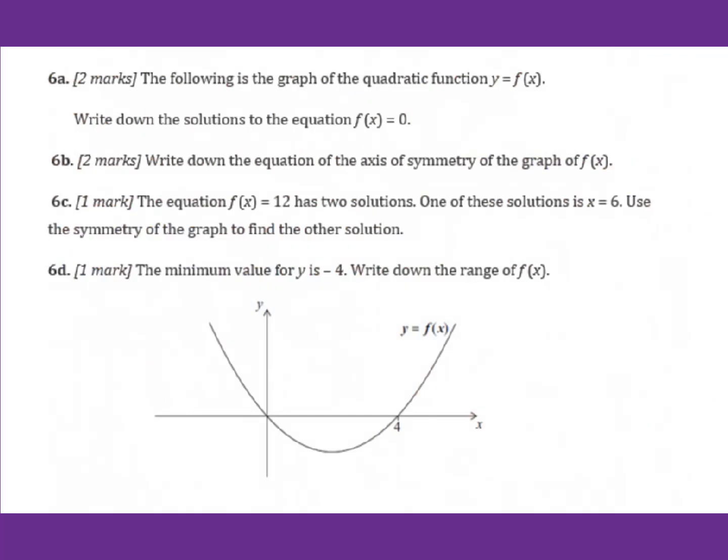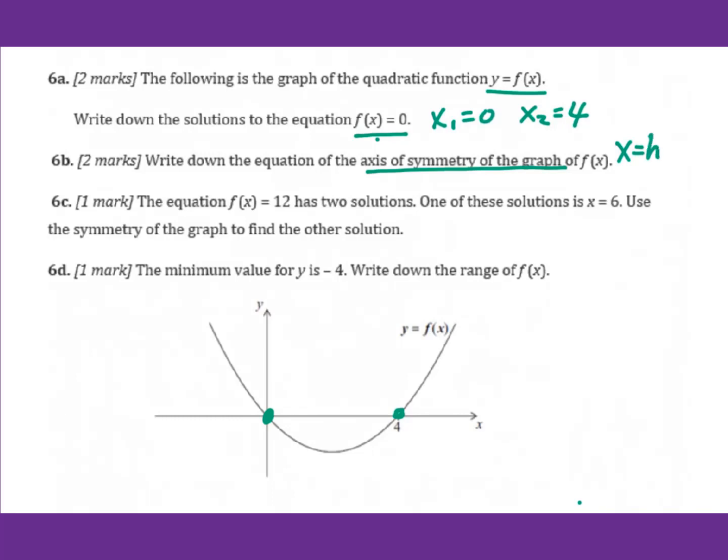Let's go to 6a. The following is a graph of the quadratic function y equals f of x. Write down the solution to the equation f of x equals 0, which means these two are the solutions. So x1 equals 0, x2 equals 4. Write down the equation of axis of symmetry.